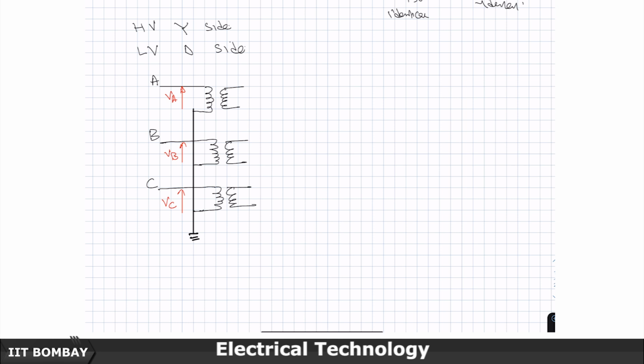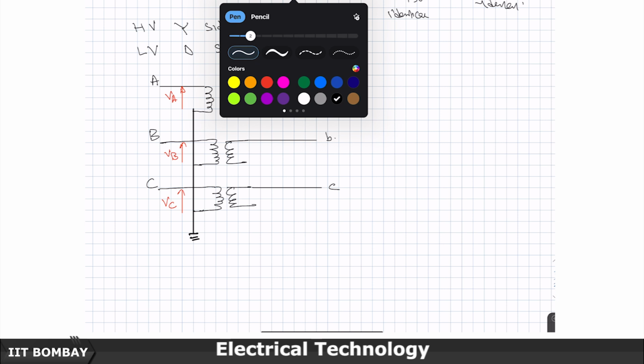Now, let us draw the other side of the transformers. Let us take this thing out here, this is small a. Its natural convention is to use capital notation for the higher value and smaller notation for the lower value, b and c. Now, let us interconnect this.